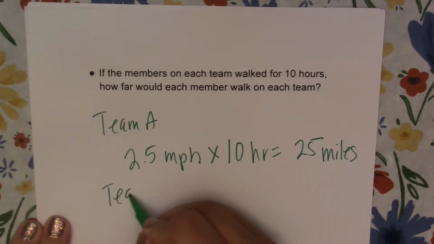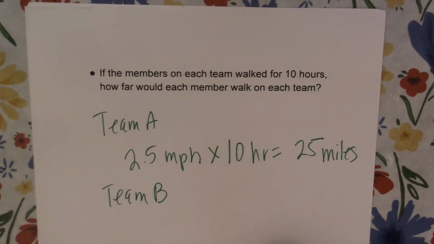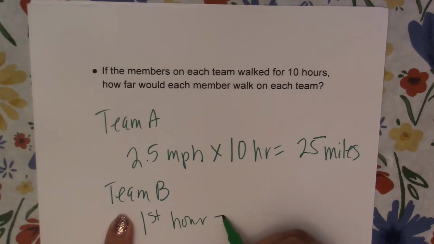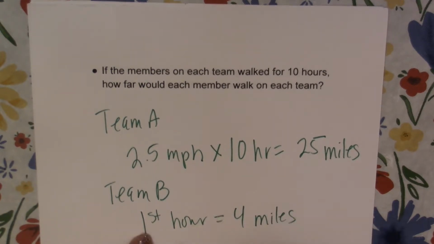All right, let's talk about Team B. So that first hour they go 4 miles. So every hour after that, so that would be 9 hours.